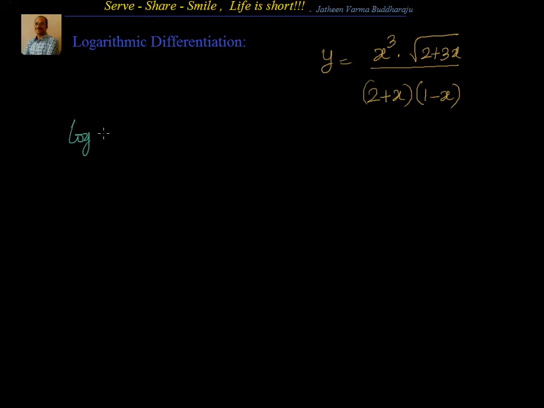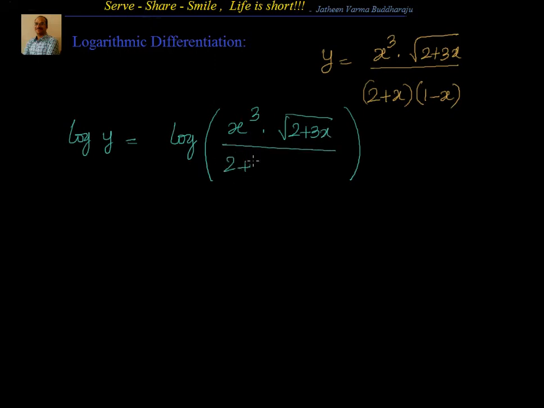Our first step will be logarithm of y equal to logarithm of the whole function. What I have on the right hand side is x cube into square root of 2 plus 3x, divided by (2 plus x) into (1 minus x).